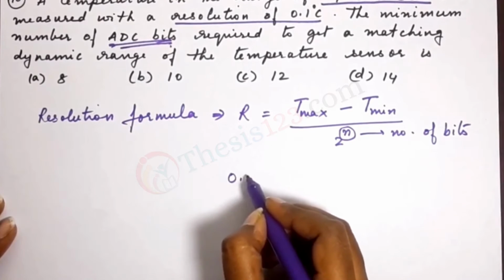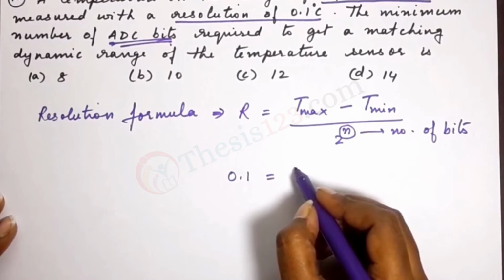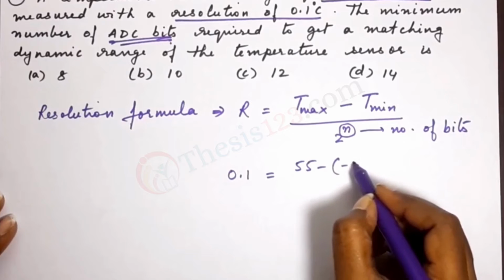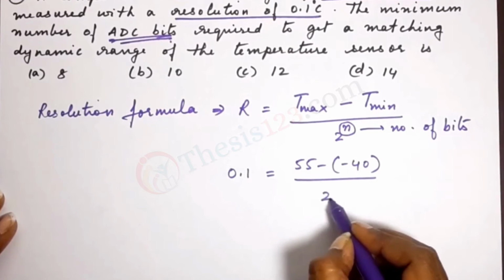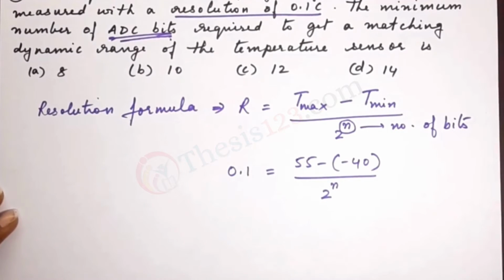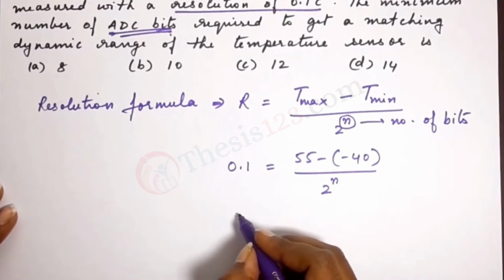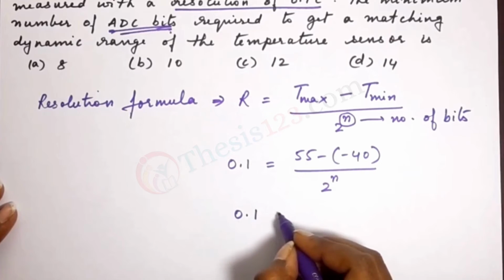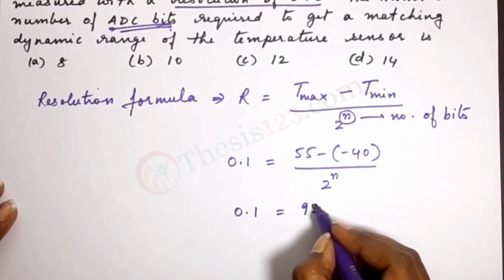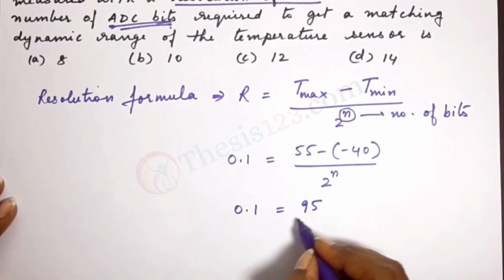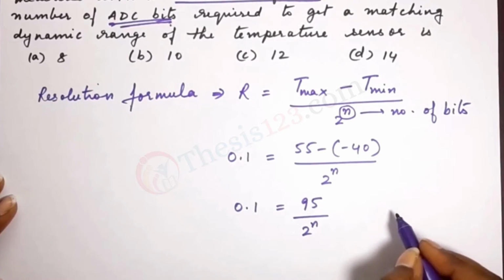So let's plug those in. 0.1 is equal to 55 minus of minus 40 divided by 2 power n. So basically all we have to do is solve for n. So here we have 0.1 equal to 95 by 2 power n.